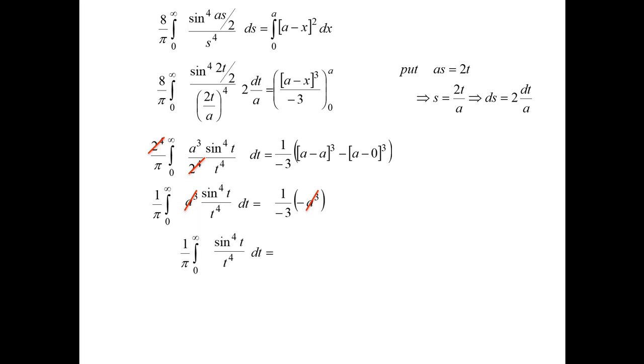We get 1 by pi integral over 0 to infinity sine power 4 t by t power 4 dt is equal to 1 by 3. So taking that pi to the right hand side, we get integral over 0 to infinity of sine t by t the whole power 4 dt is equal to pi by 3. Hence we prove the second part.